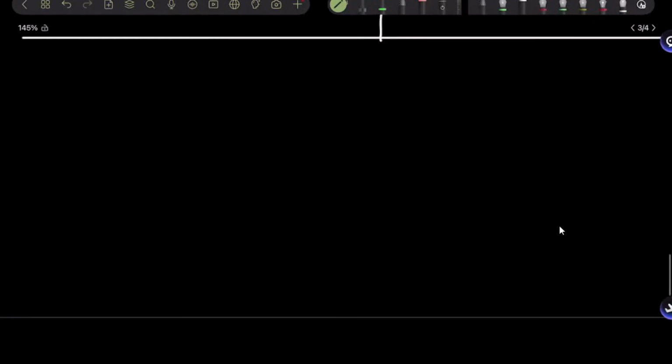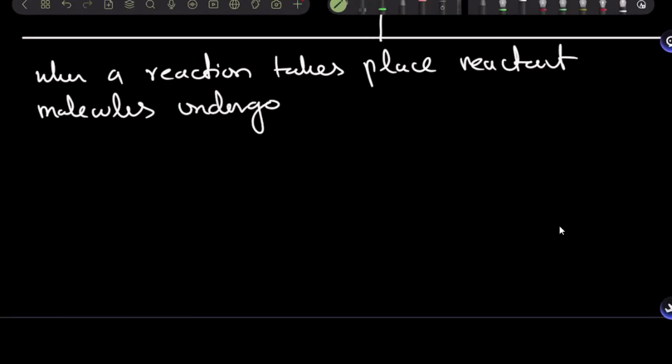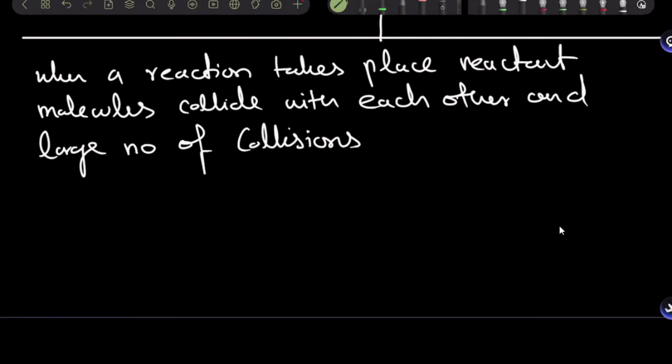So now let's link this together. Let's say when a reaction takes place, reactant molecules collide with each other, and a large number of collisions take place.